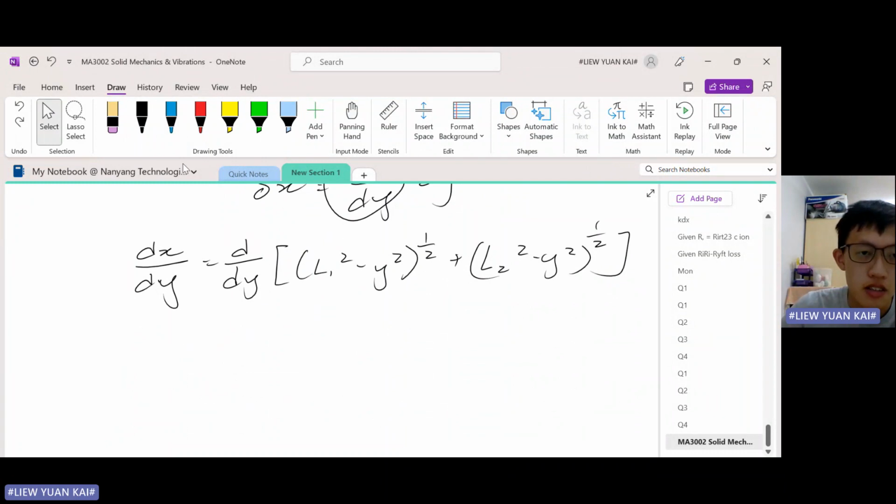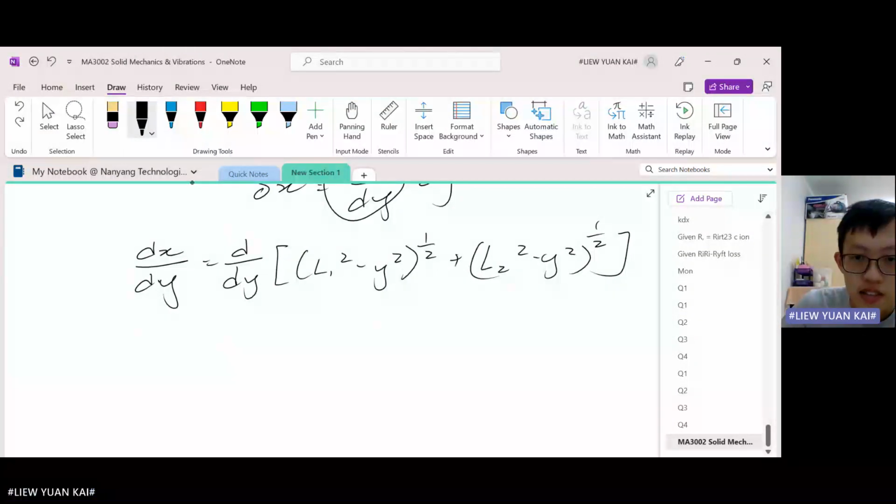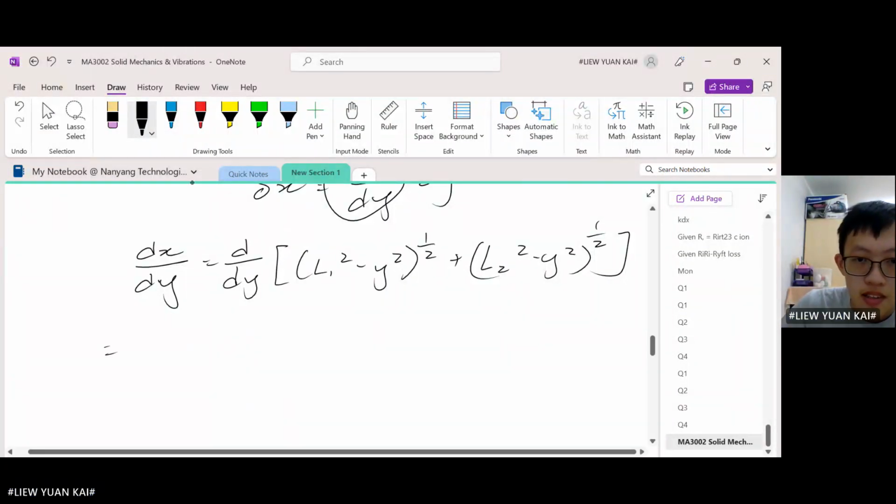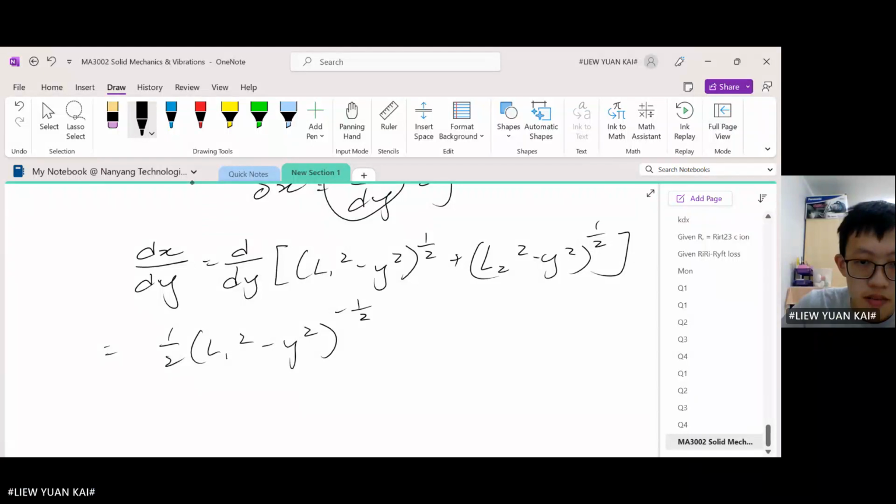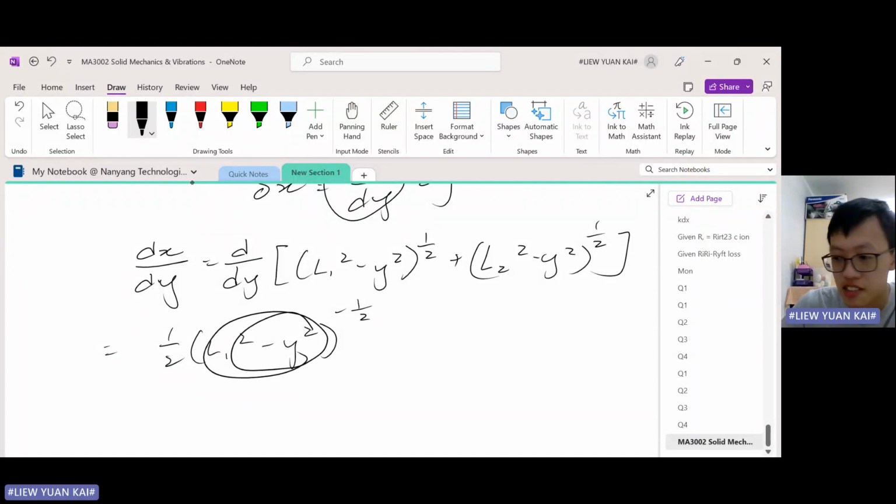Okay, so now I can do the derivative. So differentiate this with respect to y. So power bring down, power minus 1, multiplied by the differentiation of the insides. Okay, this is chain rule. You need to multiply the differentiation of the inside. So multiply by the differentiation of inside is minus 2y, right?